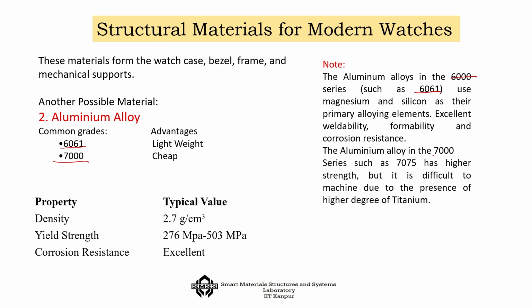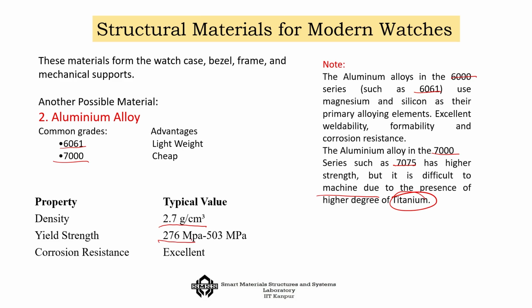If I go for aluminum alloy 7000 such as the 7075 series, it has higher strength, but 7075 is difficult to machine. Machining is complicated because it has titanium in it. Now, in terms of density, this will be very light, 2.7 gram per centimeter cube. So, this is a good attribute of aluminum. Yield strength 276 MPa.